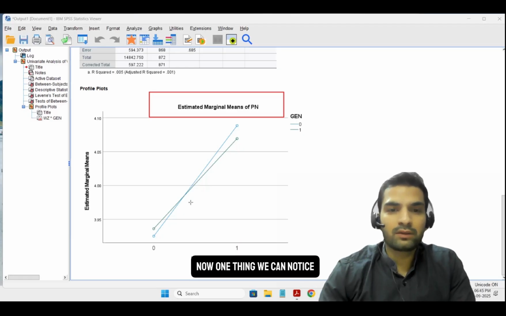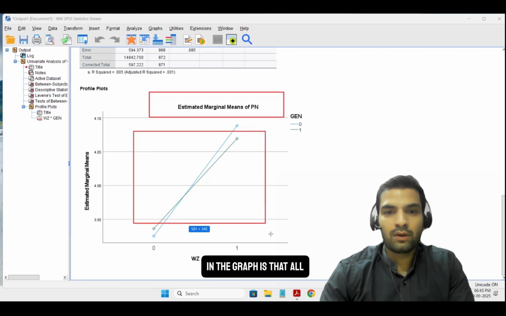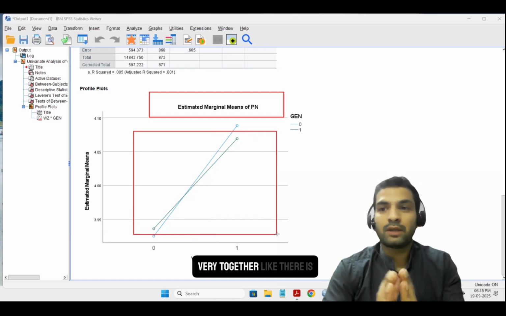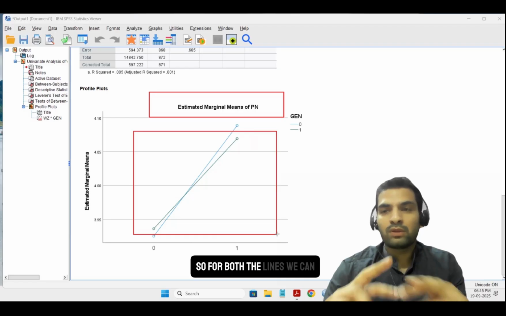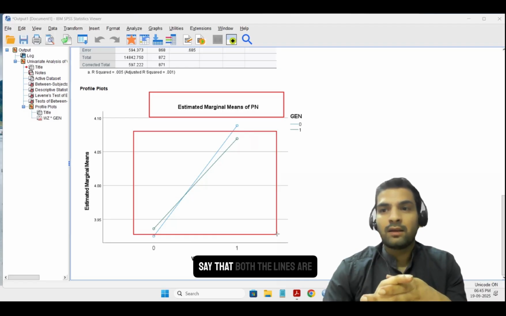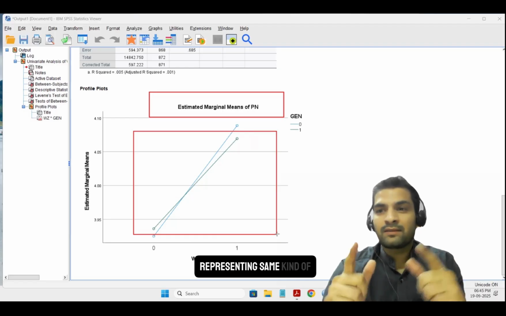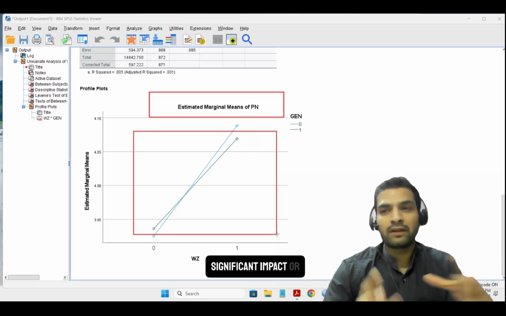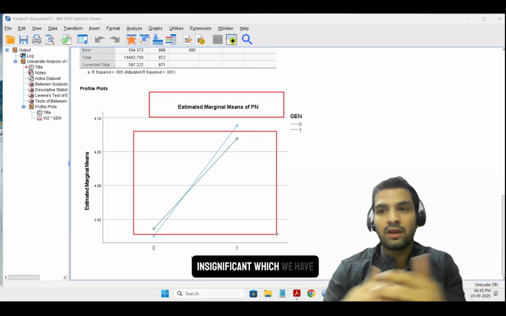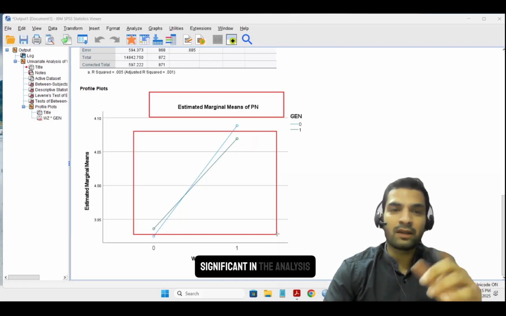Now, one thing we can notice in the graph is that all these groups are clustered very close together. Like, there is not a lot of difference. So for both the lines, we can say that both the lines are representing the same kind of impact. So either they are having significant effect or insignificant, which we have already seen is not significant in the analysis.